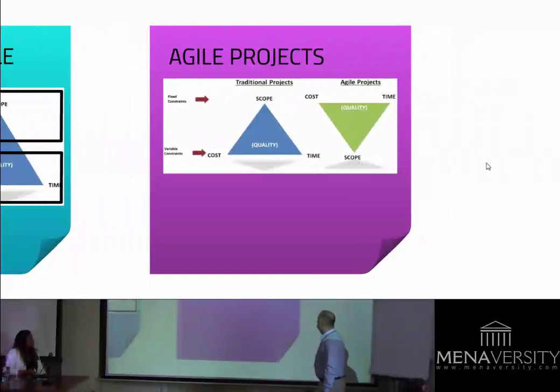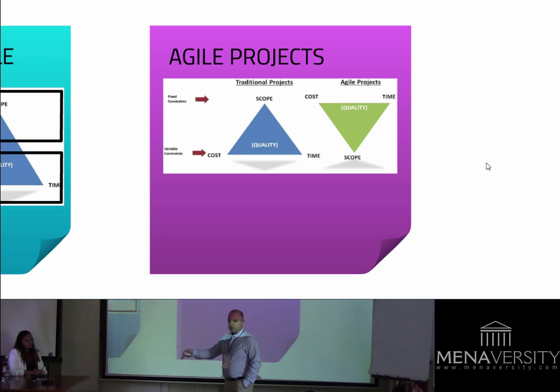That's where agility came in to actually flip the triangle, where these are the fixed constraints up, and the variable becomes the scope. So instead of saying, okay, I have this budget and I have this scope, give me your timeline, and stick to your timeline within this cost and high quality, now I have everything, and I need something by 2 weeks.